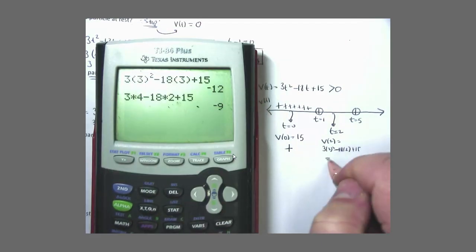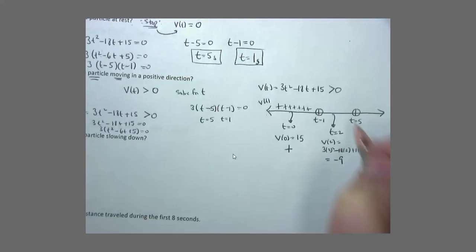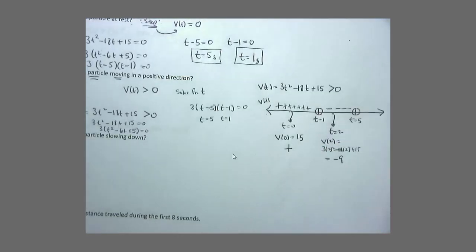So this is equal to negative 9. Don't care what the number is. What's the sign of it? Negative. So in the interval between 1 and 5 seconds, I'm moving in a negative direction. That means I'm either moving left or moving down, depending on my orientation.